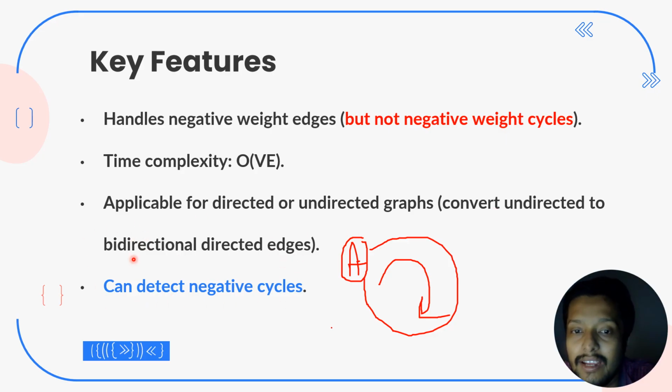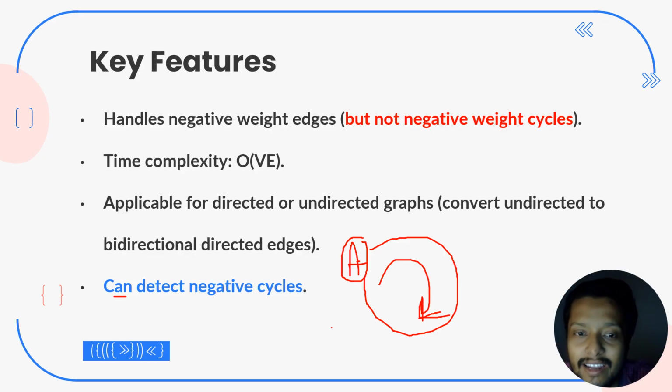Also, it can detect negative weight cycles, because this algorithm runs on the principle of relaxation, finding the minimum each and every time. So if there is a negative weight cycle, like I said, you are going to get a smaller weight every time you complete a cycle. You come back, you get a smaller weight, then it decreases further, and further.